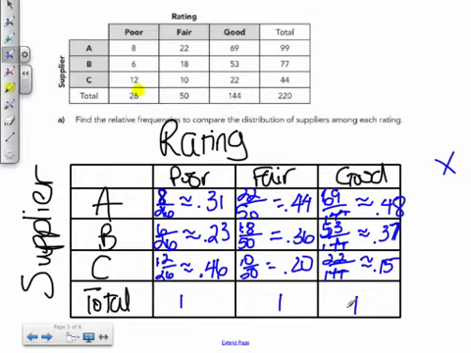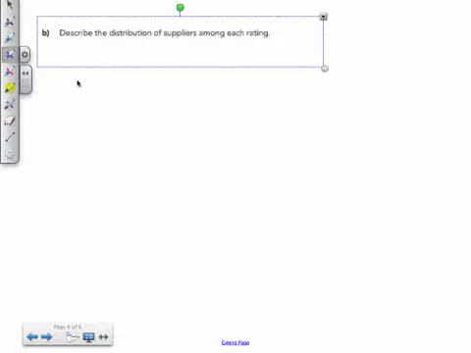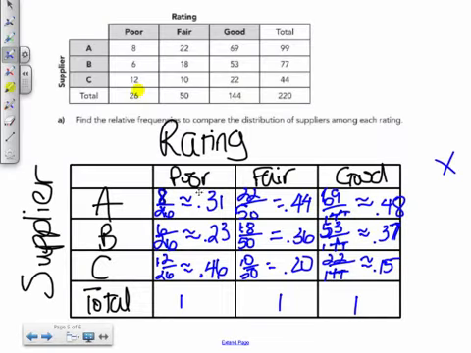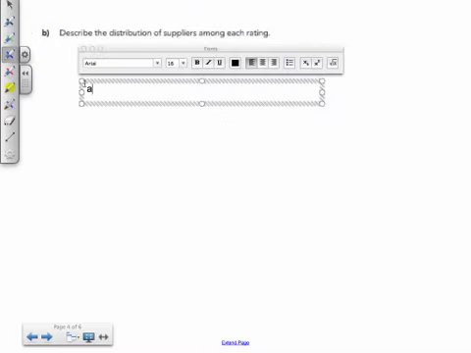All right, so now question B asks us to describe the distribution of suppliers among each rating. So basically it's just asking you, let's make sense of what this chart is saying. So what does this 0.31 mean in your chart right here? This means that 31% of the poor ratings were from supplier A. Okay, so that's what we're going to say right here. Let's make some bullets right here.